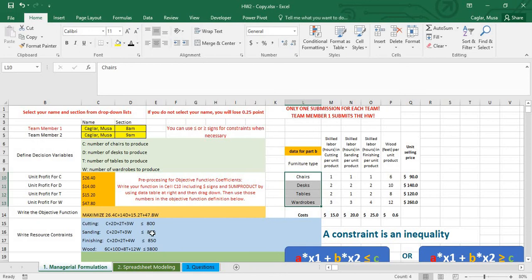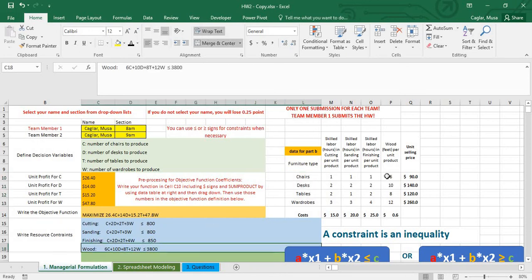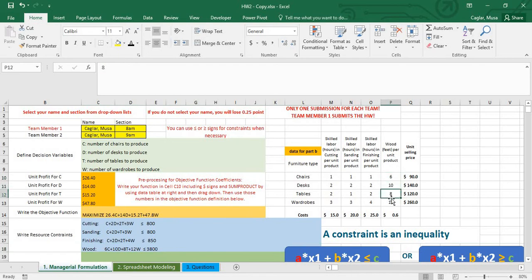Okay, and I put the available units to the right. For the last one, the idea is the same. 6, 10, 8, 12. I multiply those numbers with my decision variables C, D, T, W, which will be the resource usage in the optimal solution, and that resource usage cannot exceed the available capacity.